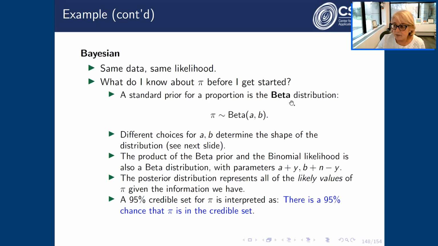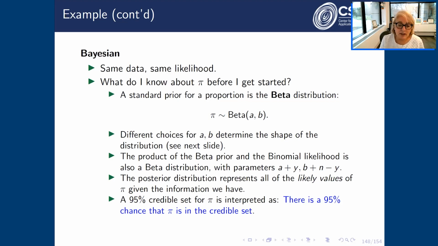The beta distribution, much like the normal distribution and the binomial distribution, has some parameters itself. It has two parameters, A and B, and depending on what you pick for these parameters, that determines the shape this distribution is going to have.